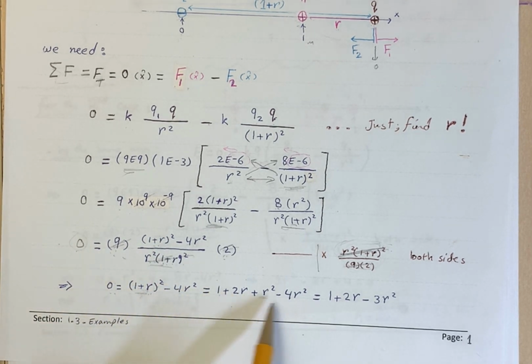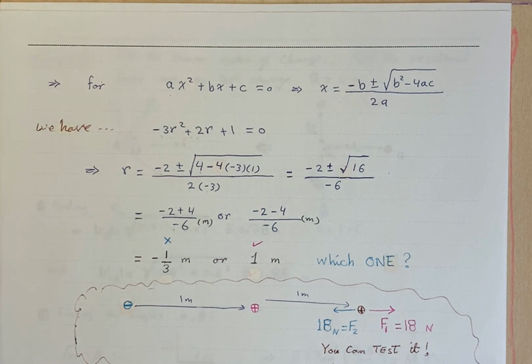I just do some reorganization and open the parentheses. So I have the last formula, which is 0 equals 1 plus 2r minus 3r squared. This is a second rank equation with one variable, which is r.